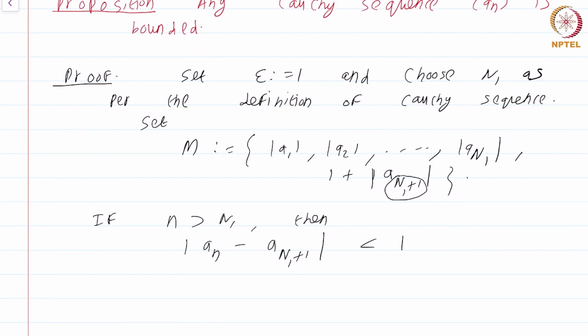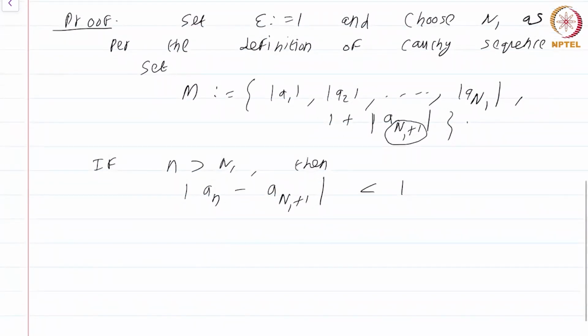That means whenever n, m are greater than N_1, the difference between a_n and a_m in absolute value has to be less than epsilon. That's the way N_1 was chosen. So we must have |a_n - a_{N_1+1}| less than 1 because both N_1 plus 1 and n are greater than N_1. Okay. Now in other words, |a_n| is less than 1 plus |a_{N_1+1}|.